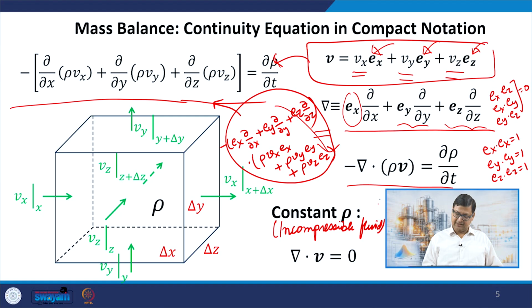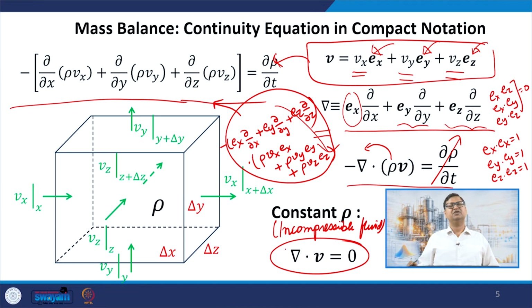I can take rho out of this because rho is constant, and then this term goes to 0 for the incompressible fluid, and then I get a rather simple equation del dot V equal to 0, which we also know as the continuity equation.